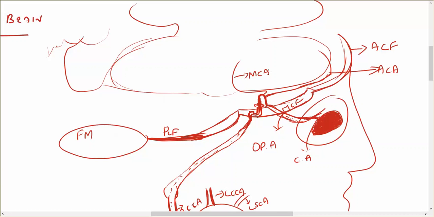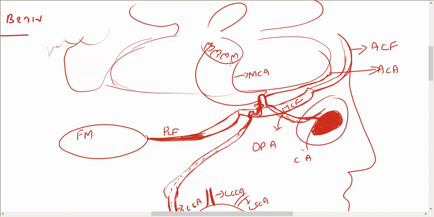Okay, one thing I want to tell you guys, just near the ophthalmic artery branch, they give another branch which goes to the ventricle, and they supply the choroid plexus. That is the choroidal artery, which comes from the carotid, that supplies the choroid plexus. Understand?